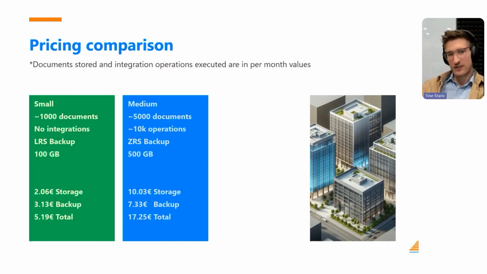An external application is going to pick those 5,000 files, process them, and drop 5,000 results in that storage account. And then our application has to read those 5,000 result files. And that's how we would end up with 10,000 write operations and 10,000 read operations. So this is what the 10,000 integration operations here means.